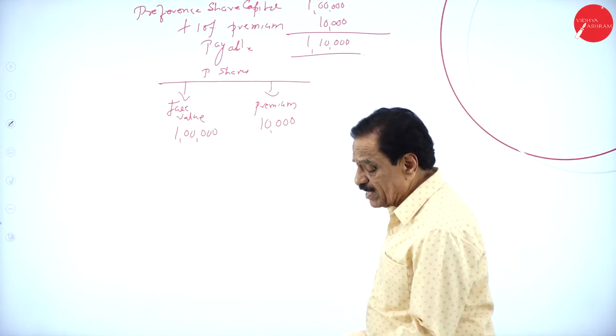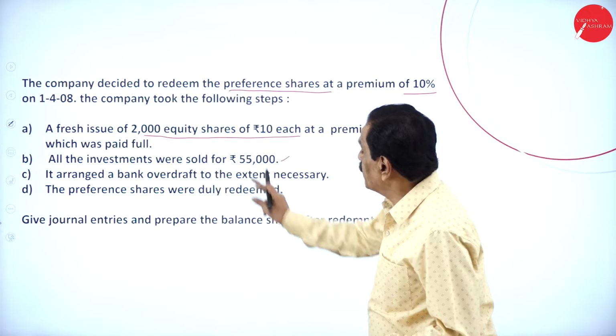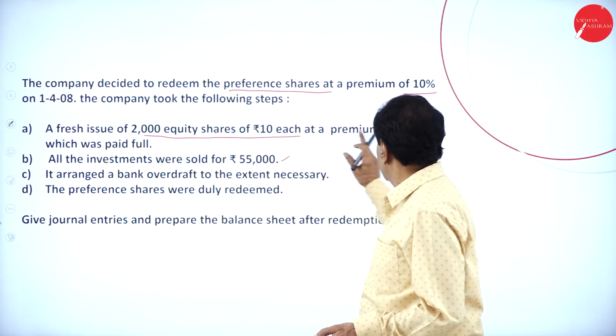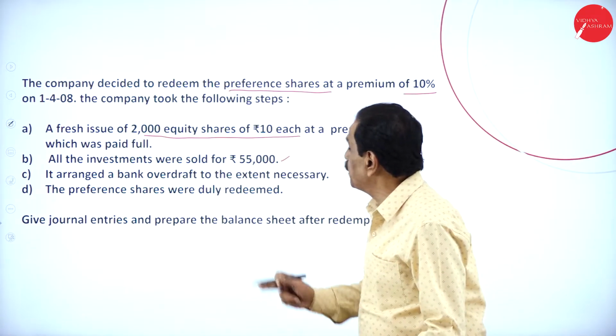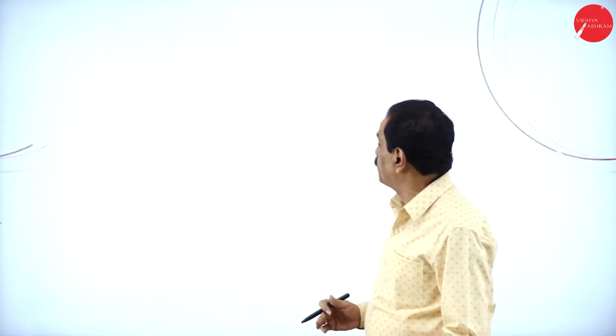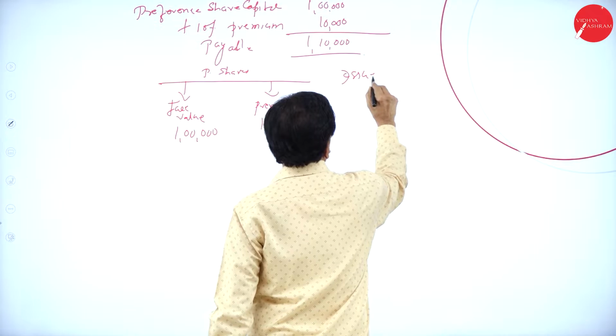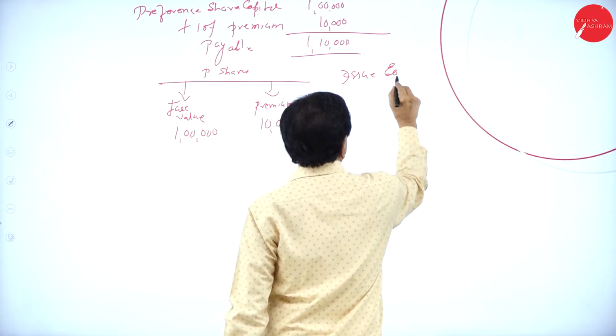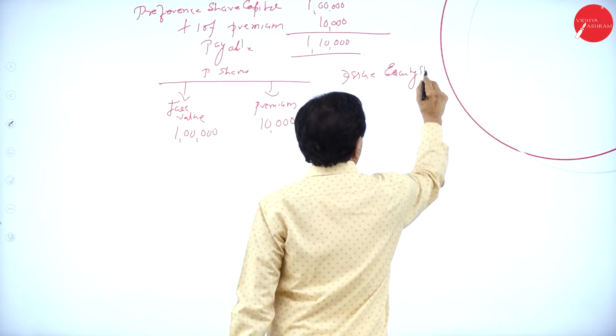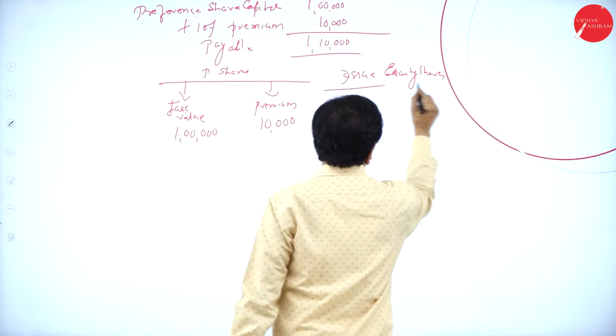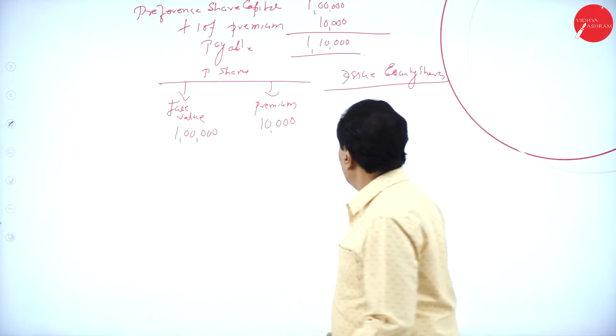So what the company says, no? We are issuing 2,000 shares of 10 each at a premium of 40. 40% of 10 is 4 rupees. Issue of equity shares. So, what's your face value?